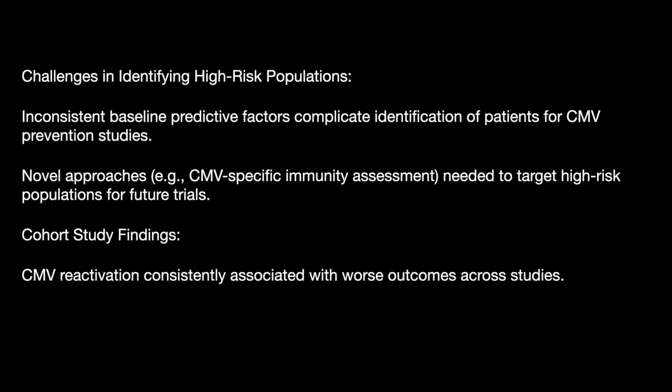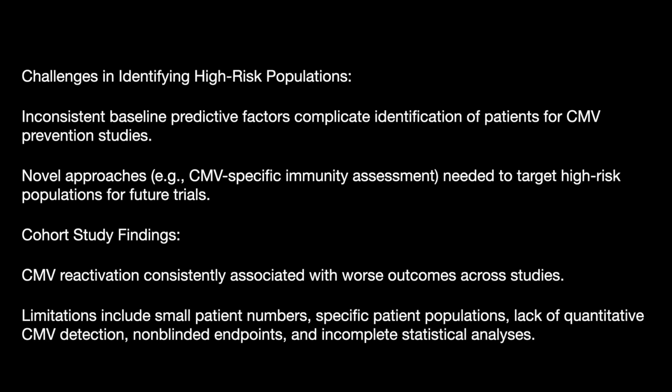Now, the cohort study findings show that cytomegalovirus reactivation consistently is associated with worse outcomes, and this is across the studies. Limitations of these studies are that they involve very small populations and very specific subgroups like burn, trauma, AMI, and they lack quantitative CMV detection.